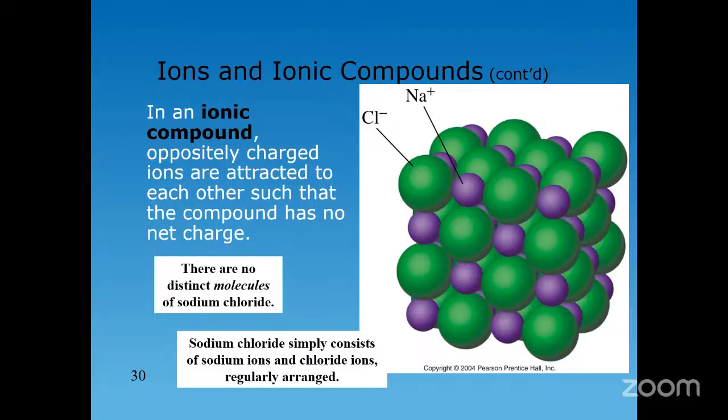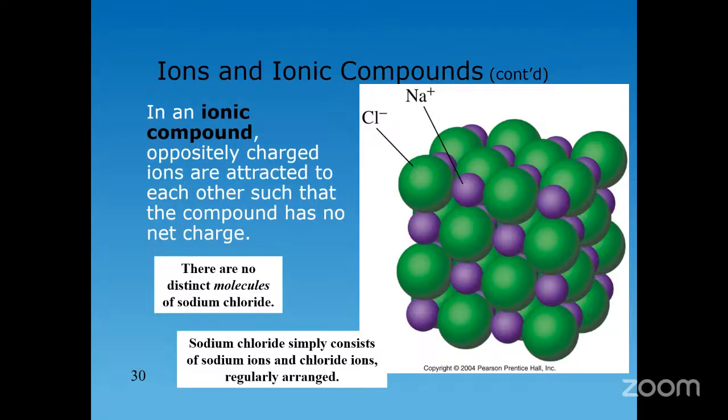What you have instead is something looking like what you see there, where there's a regular arrangement of the ions, and they're so regular that you can actually isolate what is called a unit cell. That unit cell will be repeated throughout the whole structure of the particular compound, all right? So a very important thing is to recognize the difference between molecular compounds and ionic compounds. Molecular compounds exist as a discrete collection of atoms per molecule, but in the case of ionic compounds, there are no molecules.